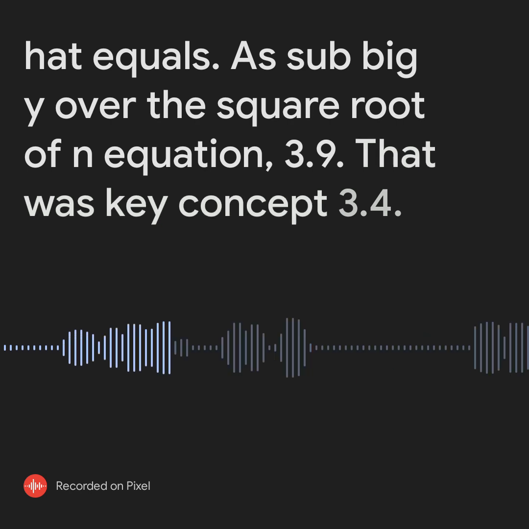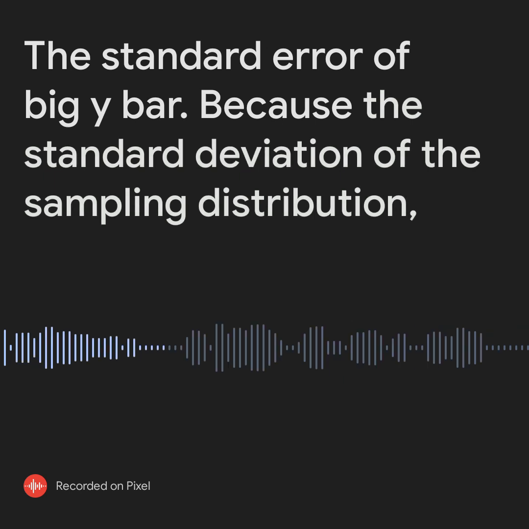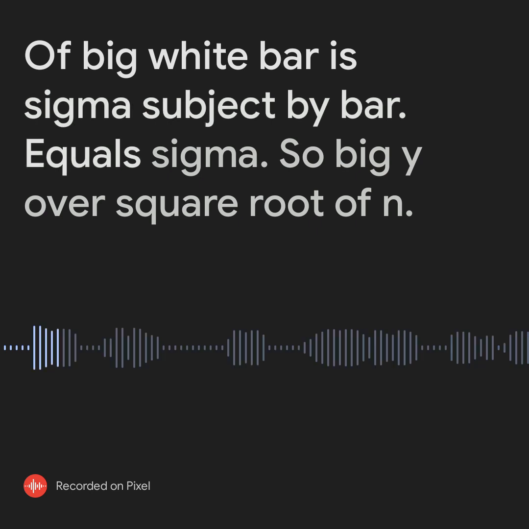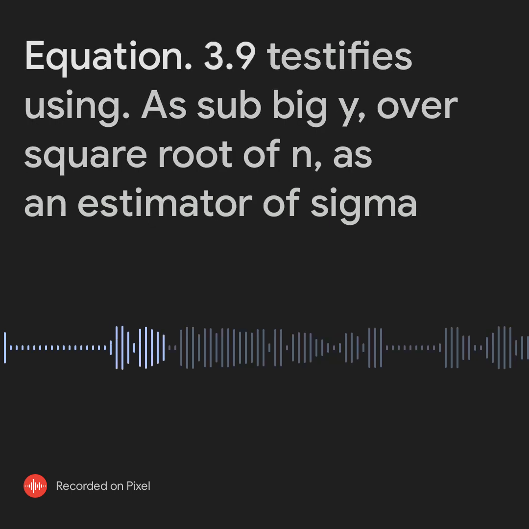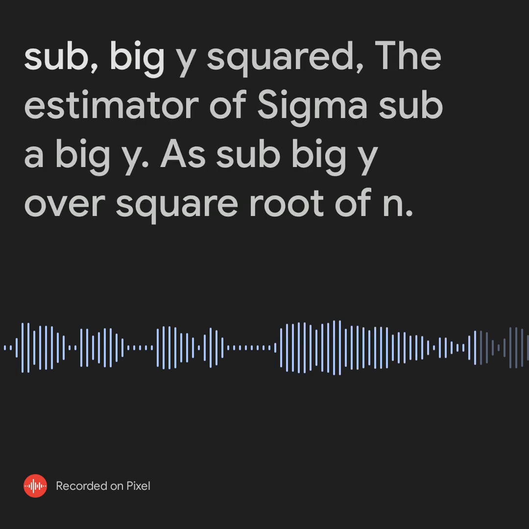That was key concept 3.4. The standard error of Ȳ. Because the standard deviation of the sampling distribution of Ȳ is σ_Ȳ equals σ_Y over the square root of n, equation 3.9 justifies using S_Y over the square root of n as an estimator of σ_Ȳ.